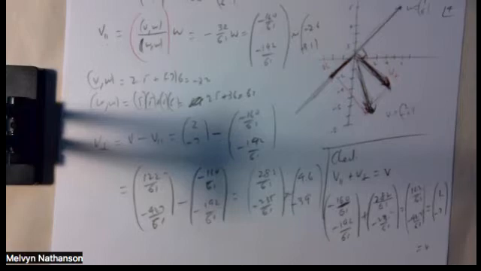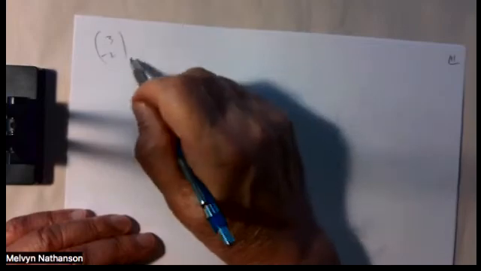Can you do number 11? Number 11? Yeah. Sure. So in number 11, we start with two vectors, 3, minus 2 and 1, 5.